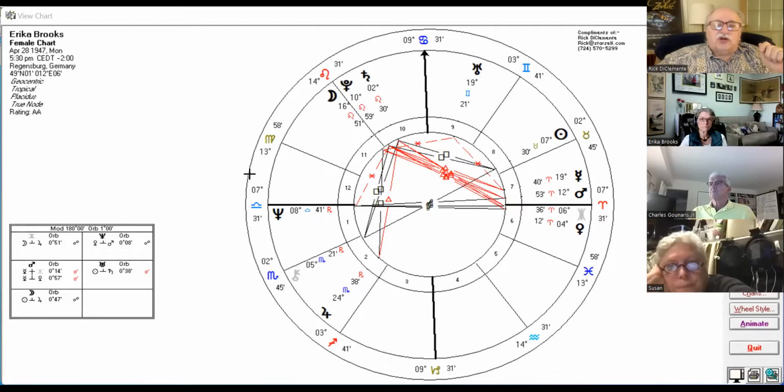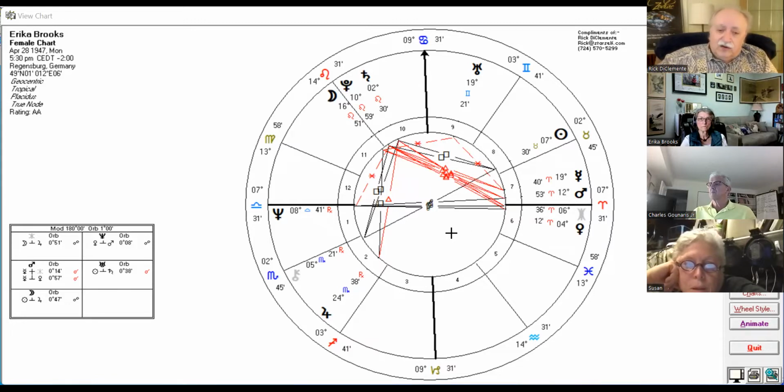Okay, in your chart, here are your planets in the signs. The signs are along here. Jupiter in Scorpio, Neptune in Libra, Moon in Leo, etc. These are the numbers of the houses. As I told you, first house is always over here, second house, third house, etc. So your planets are in a sign and in a house.